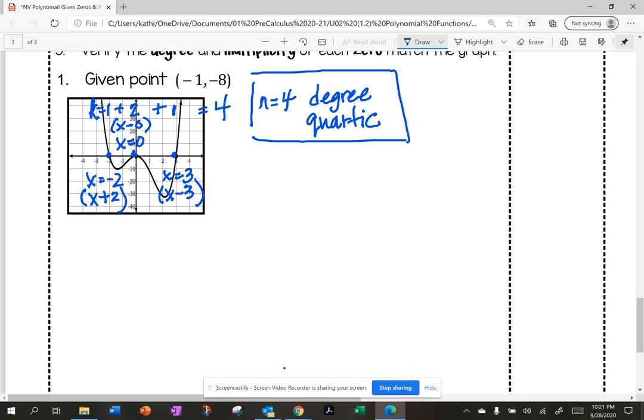Okay, so I'm going to write my general equation. f of x equals, and I'm going to solve for this leading coefficient. My factors are x plus 2, and my multiplicity is 1.